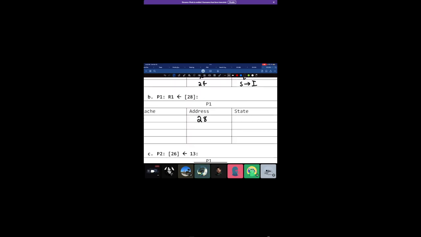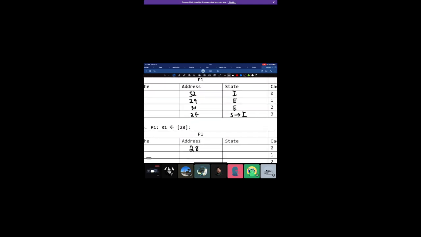That address right there. And we're also not caring about the data, right? Okay. And then also, 32 is invalid, so we don't have to worry about flushing or anything like that.